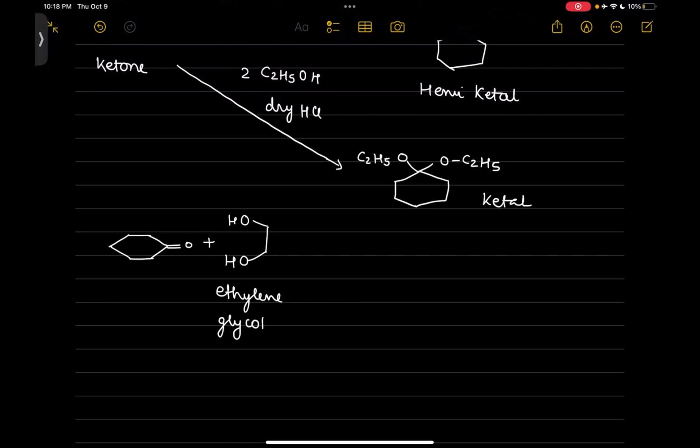This is ethylene glycol. With ethylene glycol, water will be removed. So you have two OH groups, so it served the purpose of two alcohol molecules. Got it?